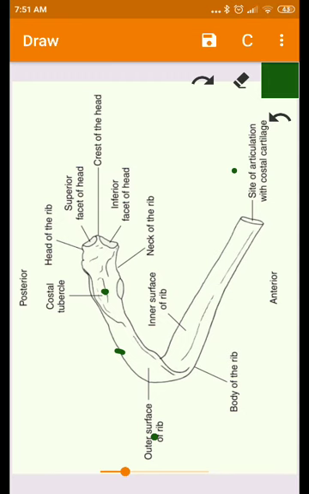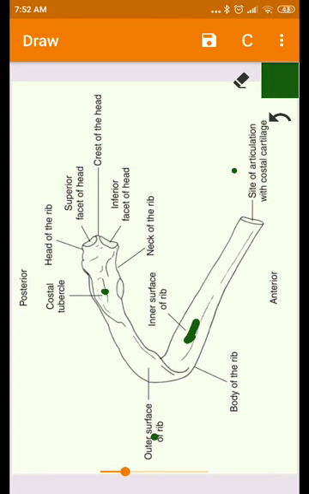On the outer surface, the angle is marked by an oblique line directed downwards and laterally. The inner surface is smooth and covered by the pleura.